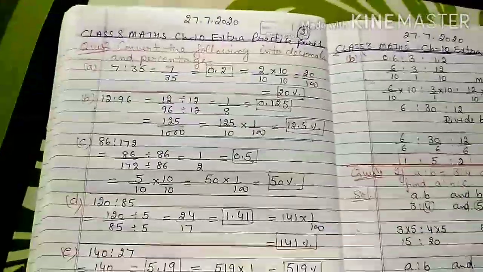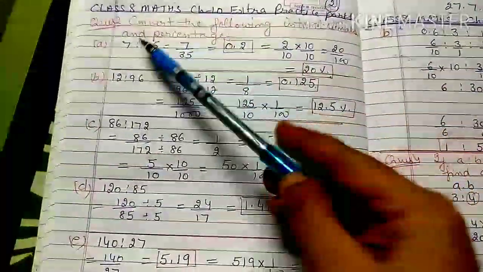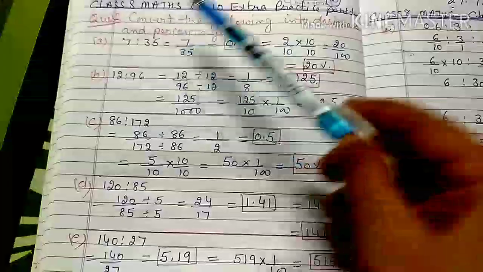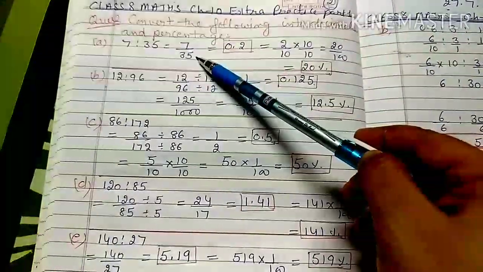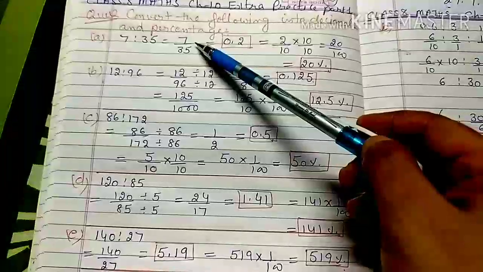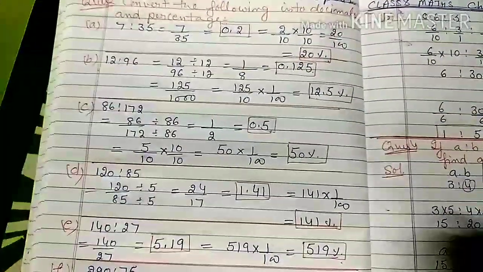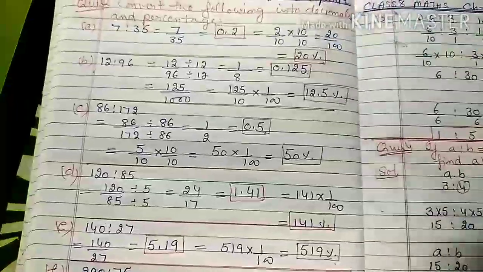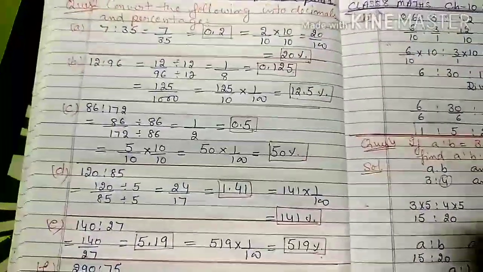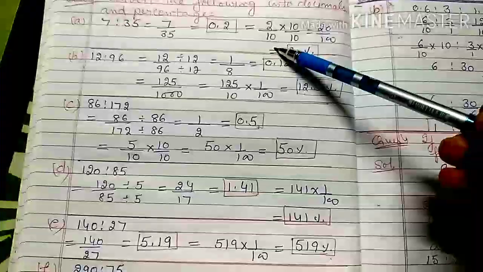In the second question, convert to decimal form, then convert into percentage form. So here first 7:35 should be written in fraction form, that is 7 by 35. When you divide 7 by 35 you get 0.2 as your quotient. Now if you want to convert into percentage form, it is better to first open the decimal like 2 by 10.